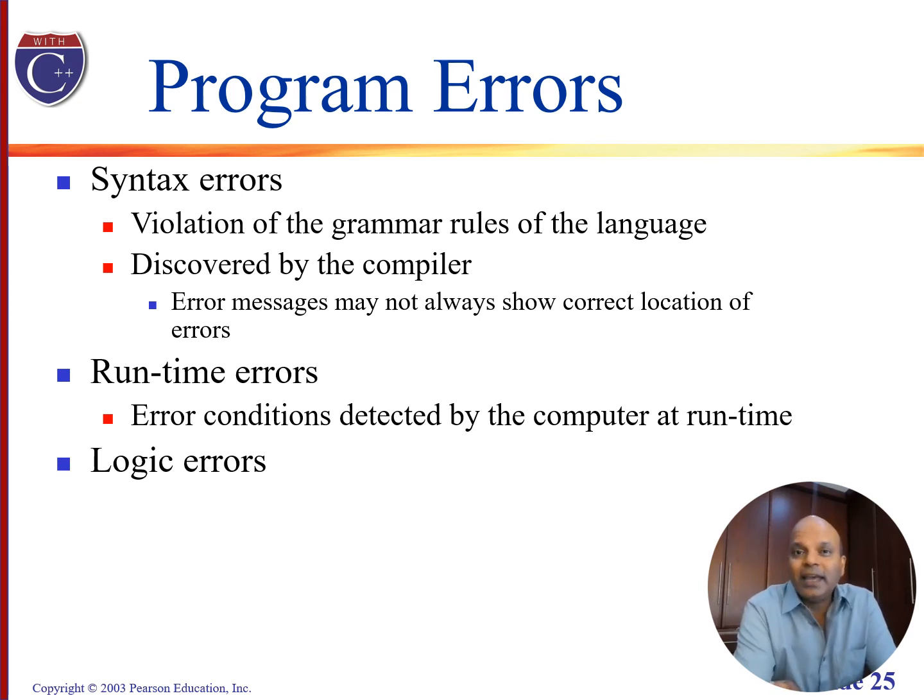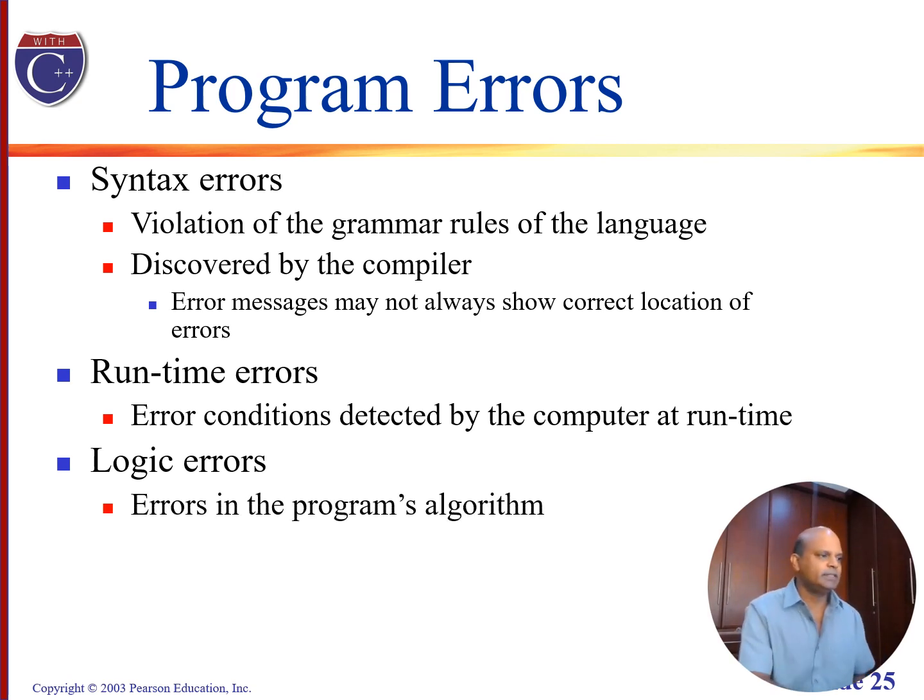A logic error is where I asked you to multiply 1 times 2 times 3 times 4 times 5 to get 120, and you go and do something else. You say 1 plus 2 plus 3 plus 4 plus 5. That's an error in logic. The program doesn't have any syntax errors. The program is running, but the program has logic errors in it, right?